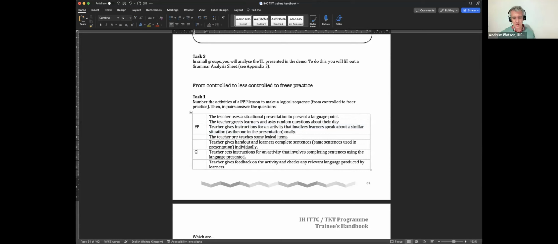This would be the control practice. Teacher sets instructions for an activity that involves completing sentences using the language presented. Yeah, possibly with gaps at the beginning of the words, and they have to put there is or there are. That is like a control practice, according to whether it's plural or singular.